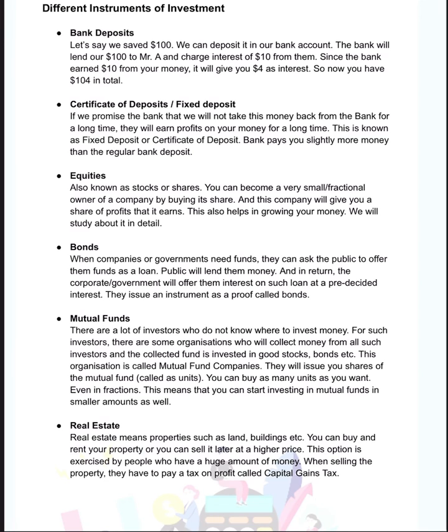These mutual fund companies will give you back returns based on how much money you gave and how well it performed. You can buy as many units as you want, even in fractions, as usually you can't buy half a stock. You have to buy an entire stock. But in mutual funds, you can choose how much you want, as money will be pooled in together.